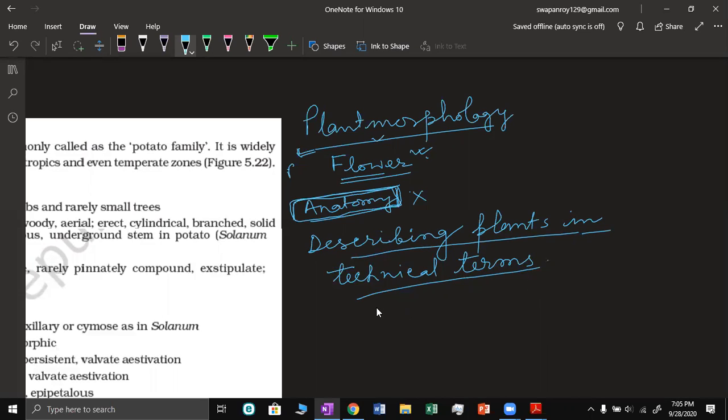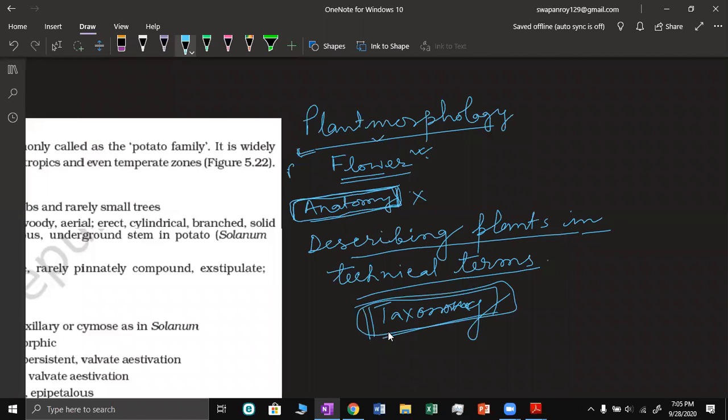So this is actually from taxonomy. Plant taxonomy, that portion, plant description.